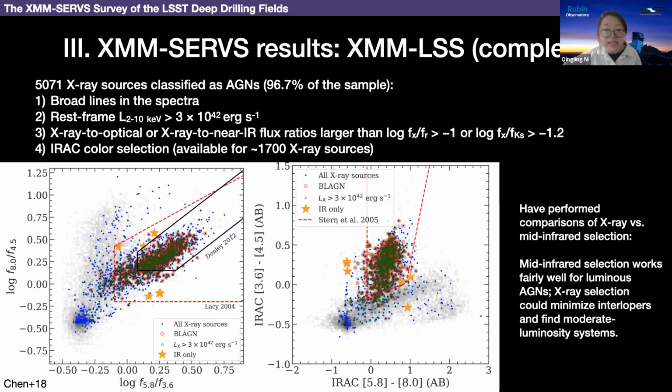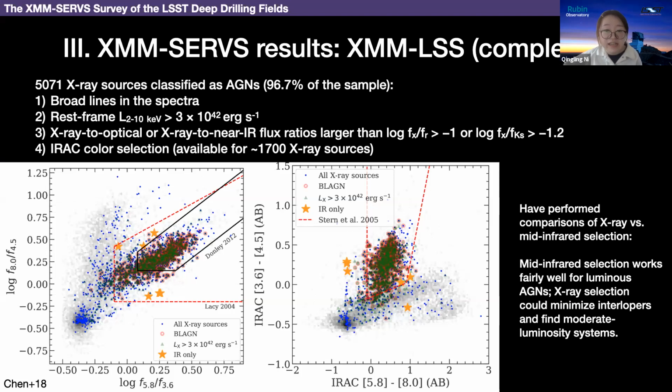Using these X-ray sources, we also perform a comparison of X-ray versus mid-infrared selections. There we tested different mid-infrared AGN selections from the Lacy wedge, the Stern wedge, and also Donley's criteria. The Lacy wedge is the most complete one, and it detects around 1,300 AGNs among these 1,700 X-ray sources.